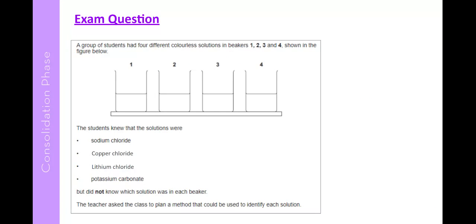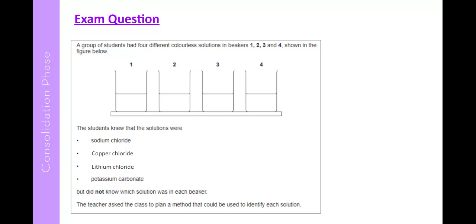Okay, so that leads us on to the consolidation. So this is an exam style question. It is a 6-mark question, and it says a group of students had 4 different colourless solutions in beakers 1, 2, 3 and 4. The student knew that the solutions were sodium chloride, copper chloride, lithium chloride and potassium carbonate, but they did not know which solution was in which beaker.